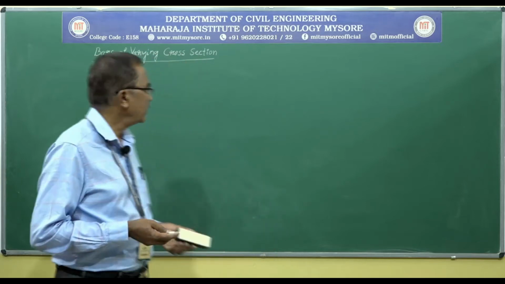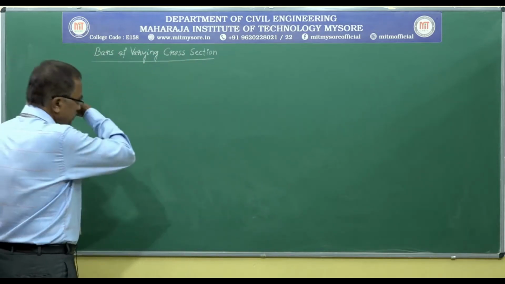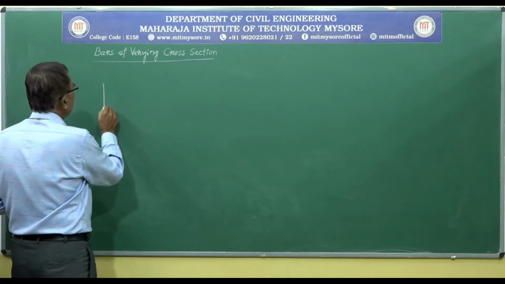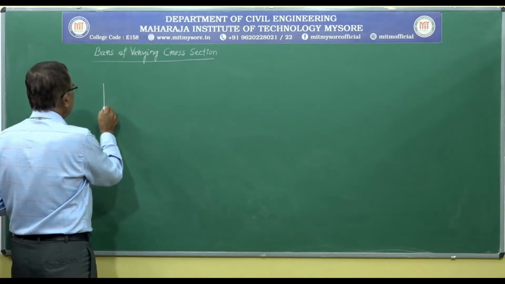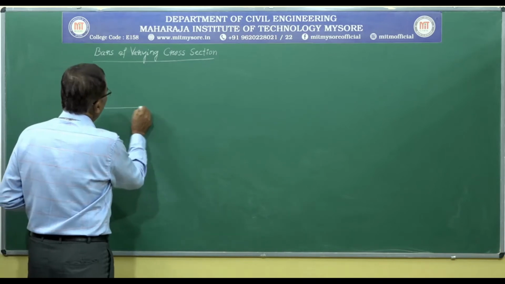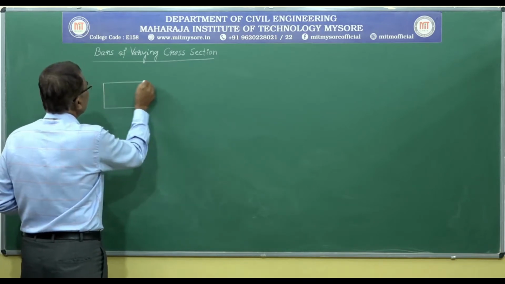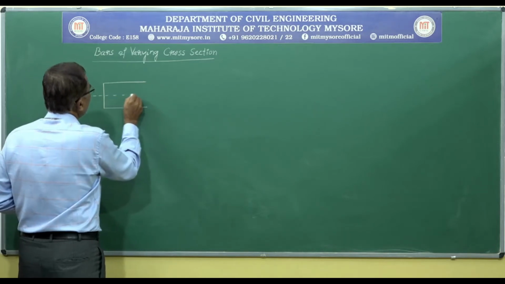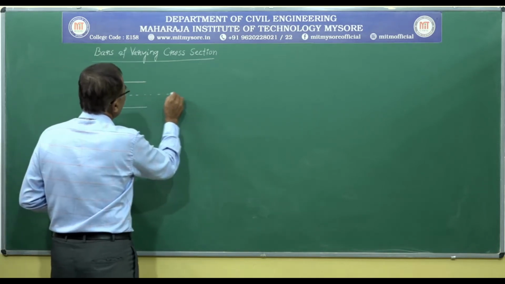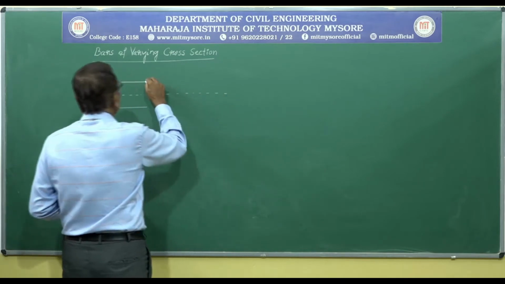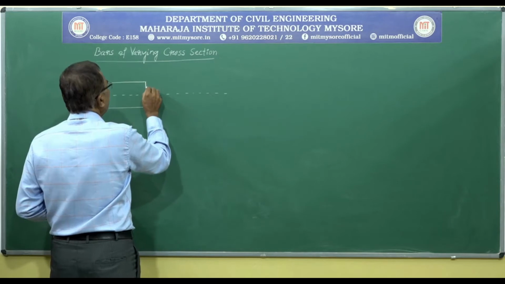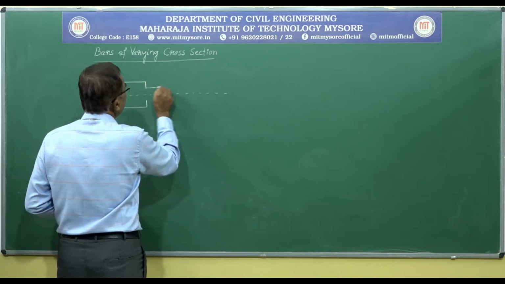So let us consider a bar of varying cross section to begin with. In order to understand it, let us consider a bar having different cross sectional areas for different lengths.